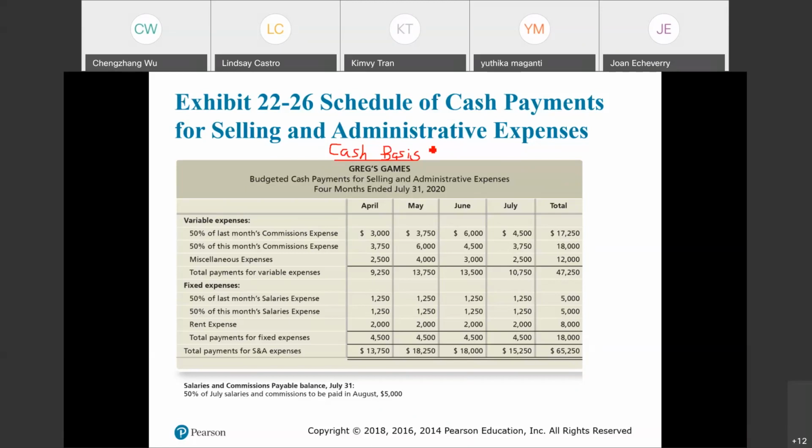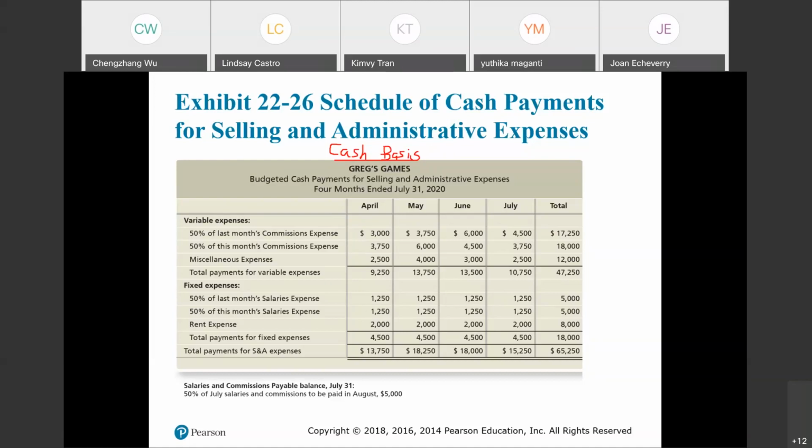So let's take a look. Use the previous selling and administrative expenses budget. We compute the cash payments for selling and administrative expenses. This company pays half of the salaries and commissions in the month incurred and half in the following month.